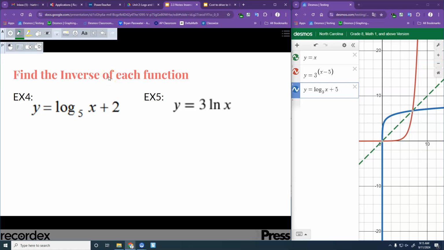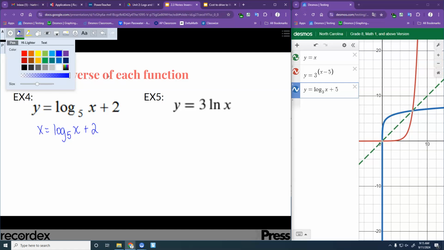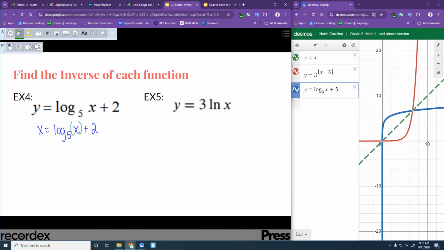So if we look at example 4 here, we're going to switch the x and the y. Once again, unless they have parentheses written, the parentheses only go around the thing that's right after the log. Oh, it needs to be a y. Sorry about that.